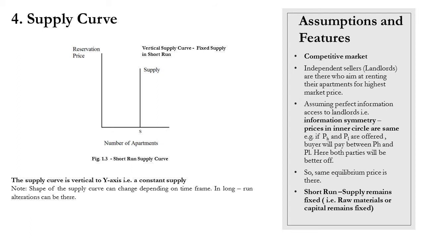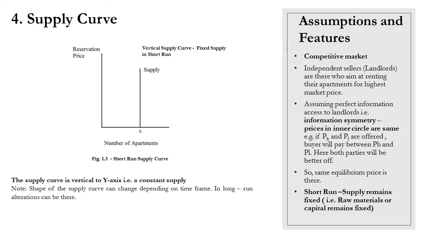Also, the key assumption is that the market we are assuming is a competitive market, wherein you have independent sellers. The people who are selling or offering apartments for rent, in both the inner and the outer circles, are independent, and they offer their apartments in such a way that they try to make the maximum profit out of it.